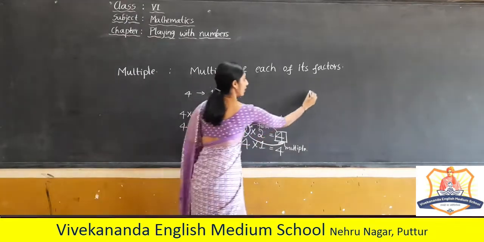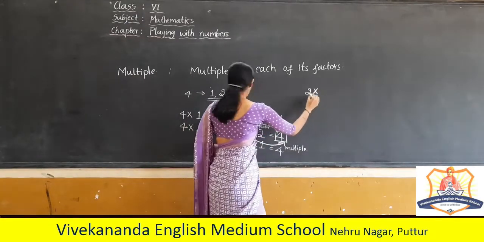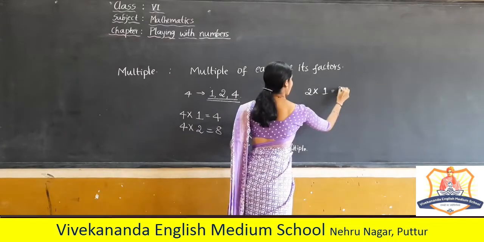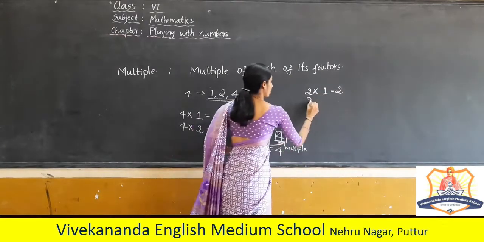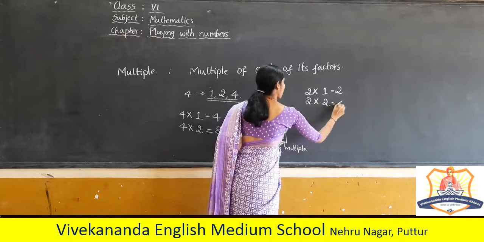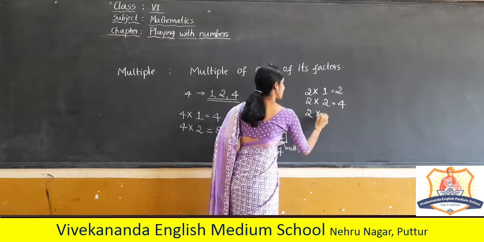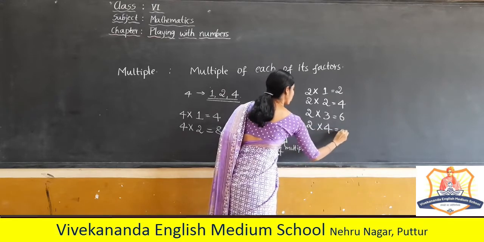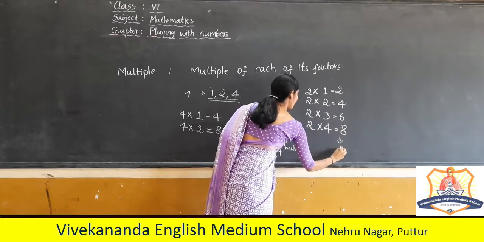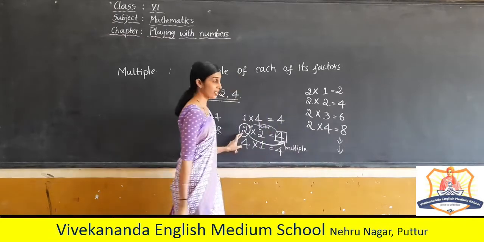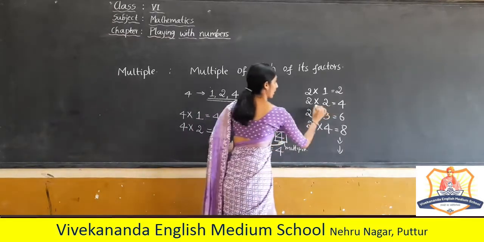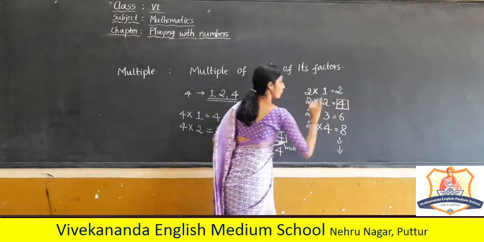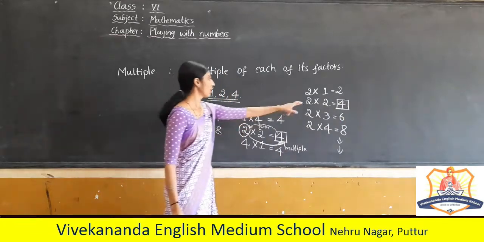How is it? If I consider the table of 2, 2 ones are 2, 2 twos are 4, 2 threes are 6, 2 fours are 8. So, it continues. Here I'll get 4, right?